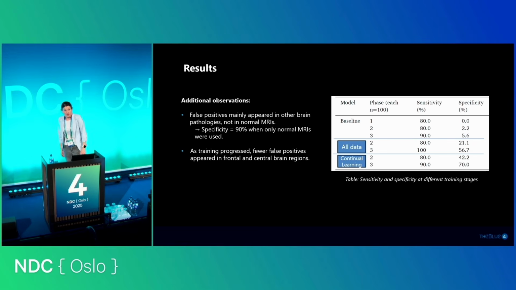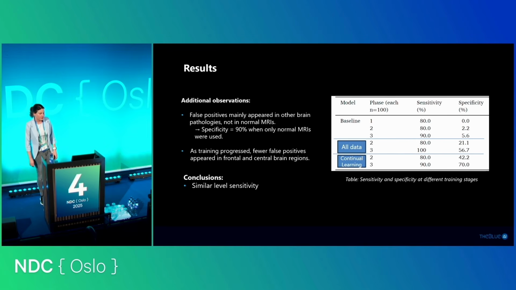And as the training progressed, as we included more different data with non-FCDs, we also saw that right now we don't have issues with detecting FCDs in one particular area of the brain, which is great.